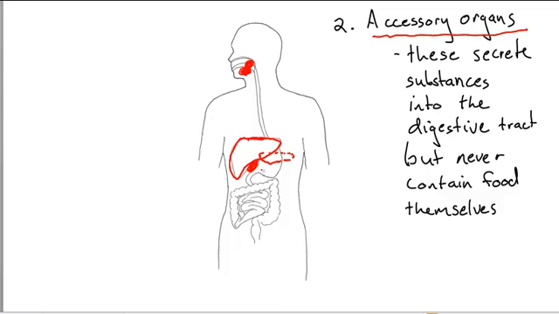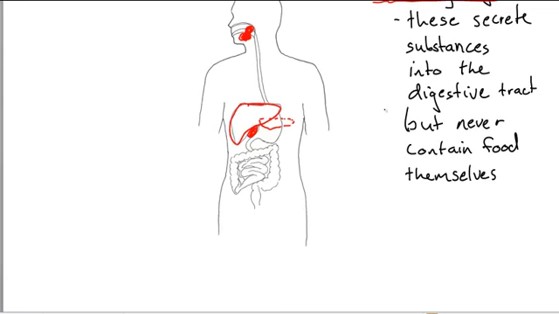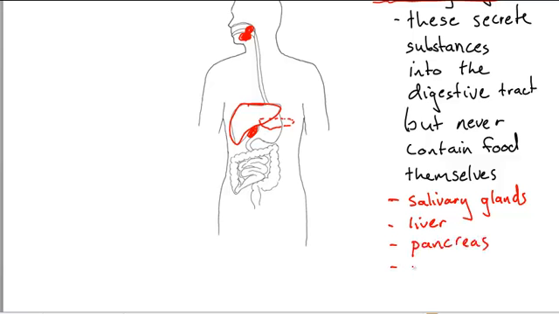And they are all involved with secreting things into the digestive tract, but food should never be able to enter them. So we'll just quickly highlight salivary glands, liver, pancreas, and gallbladder. And we'll talk about these ones more next day.